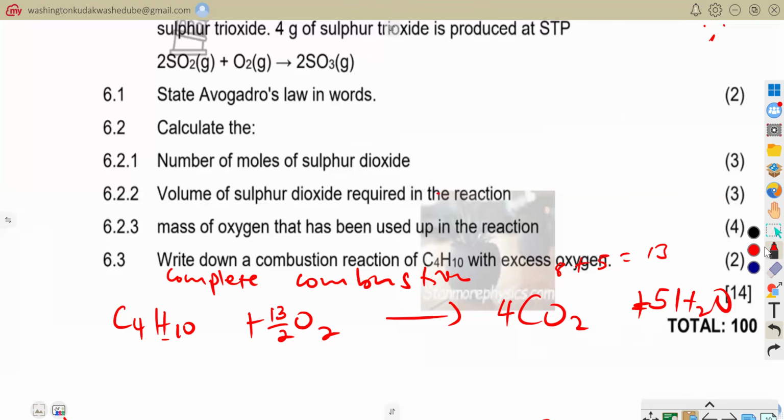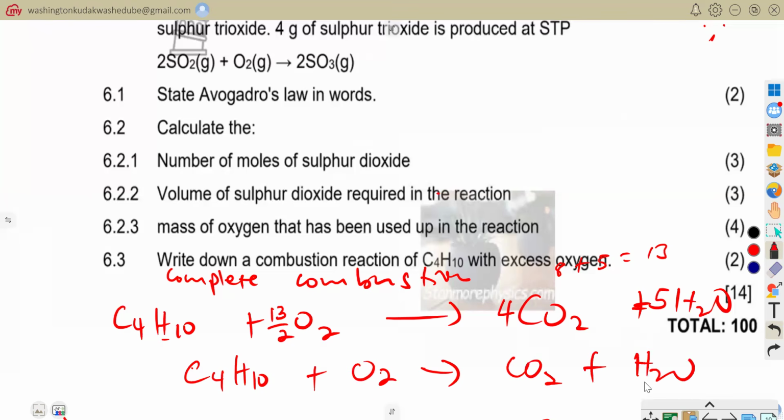So you can say C4H10 plus oxygen to form carbon dioxide plus water. If they do not say balanced, you can even write this. You know that when it reacts with oxygen, it has to form carbon dioxide and water.